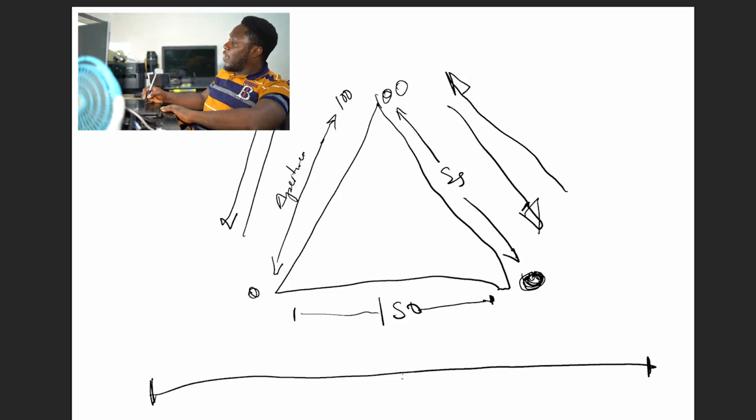So there's this exposure meter. There's this triangle here. Then you have -1, -2, -3. Then you have 1, 2, 3.